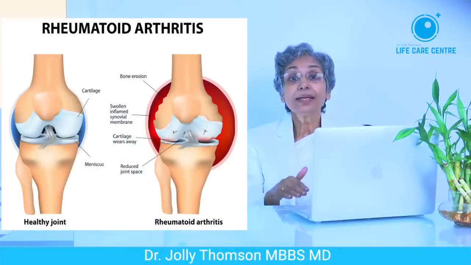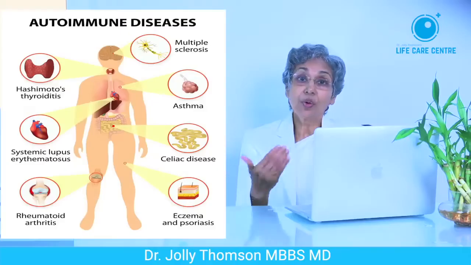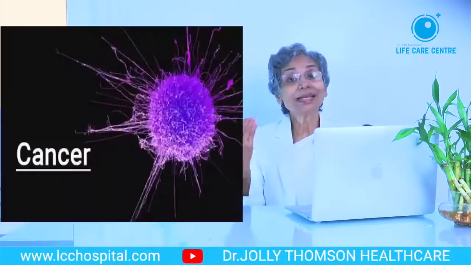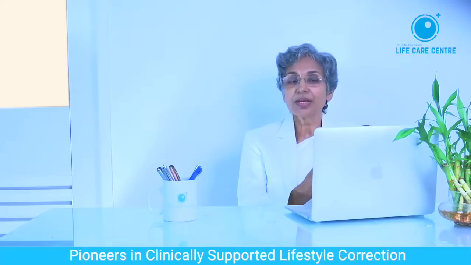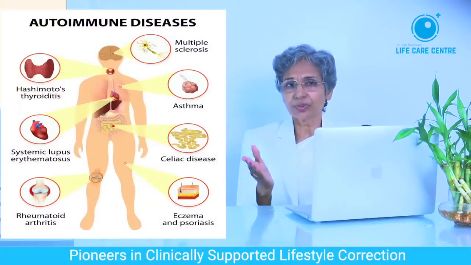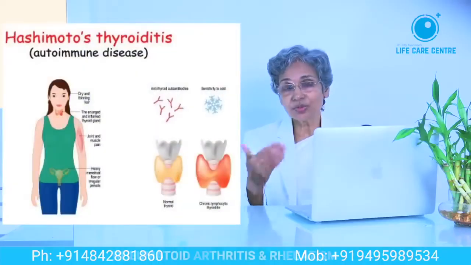Next, because of this, if there is an autoimmune disease, especially rheumatoid arthritis, other autoimmune diseases can come, and also cancer. The cancer possibility is very high for a person with any autoimmune disease. But usually, in this part of the country, the most common is Hashimoto's thyroiditis.